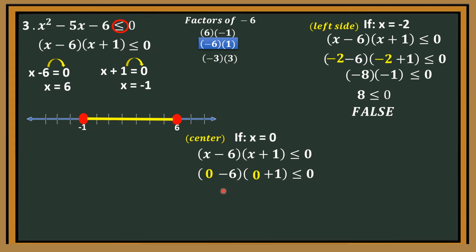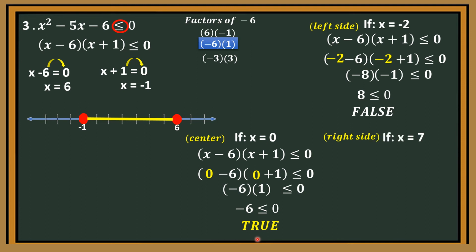Let us simplify. 0 minus 6, the answer is negative 6. 0 plus 1, the answer is positive 1. Copy less than or equal to 0. Multiply the 2, that is negative 6. Is it less than or equal to 0? Yes. Therefore, yung center kasama sa solutions.